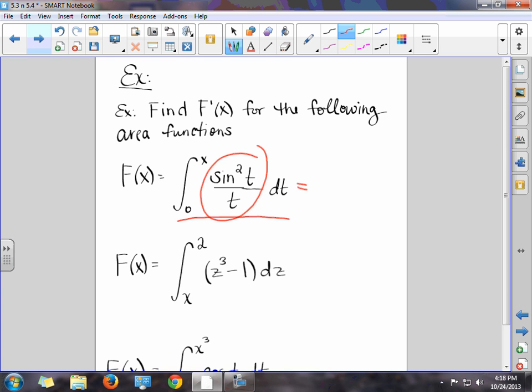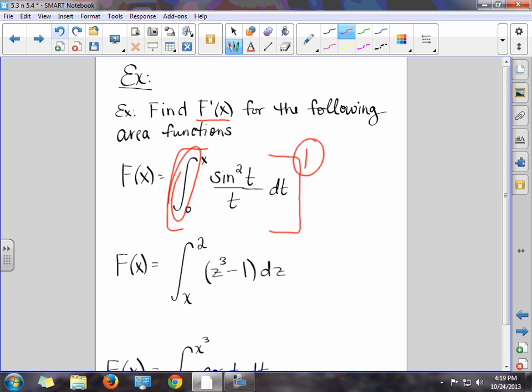But then I go back and read the instructions like I'm supposed to, and I see that they want me to find F prime of x, and I've defined capital F to be this area function right here. So I really am wanting to take the derivative of this. The derivative and my integral are inverse functions of each other. So what I need to do is use this second fundamental theorem of calculus, and it tells me that these will cancel each other out.